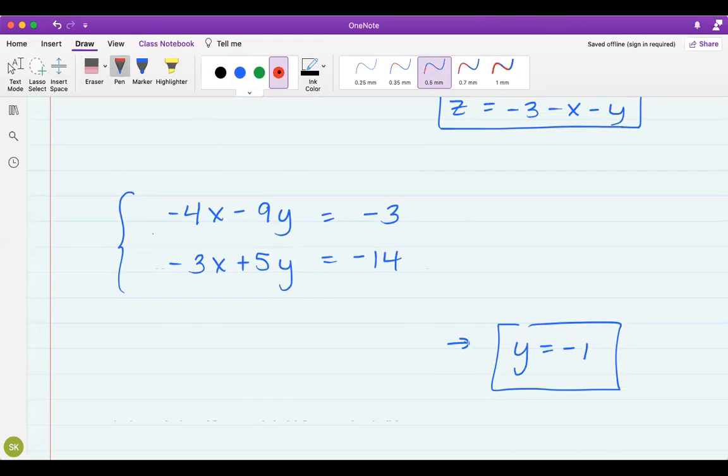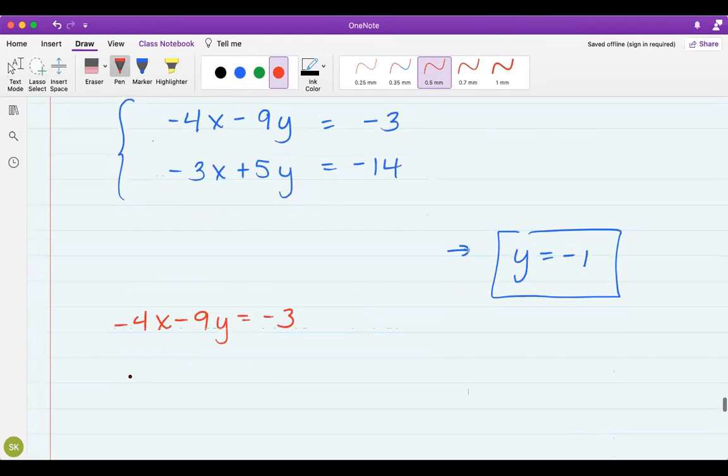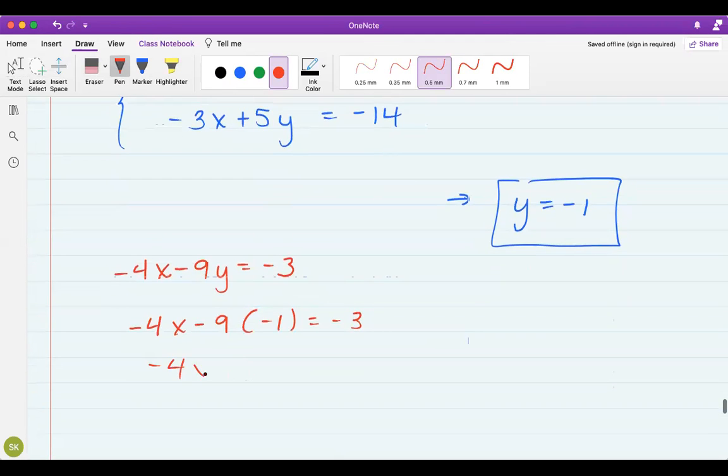It doesn't matter which one you choose. So we have negative 4x minus 9y is equal to negative 3. And then I'm going to plug in negative 1. So we get negative 4x minus 9 times negative 1 is negative 3. Move the 9 to the other side, so we get negative 4x is equal to negative 12. So x is equal to 3.